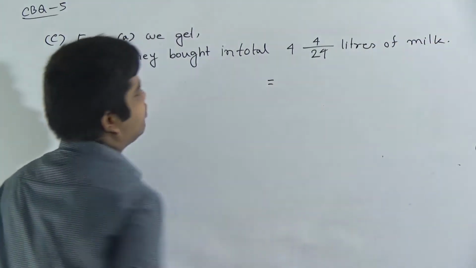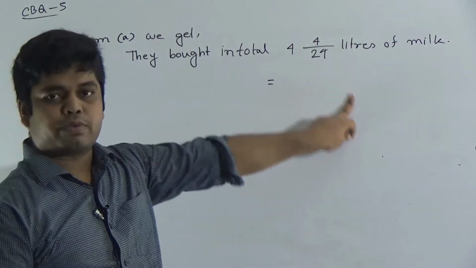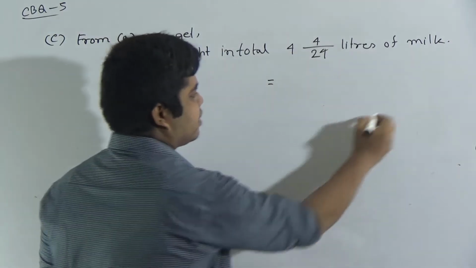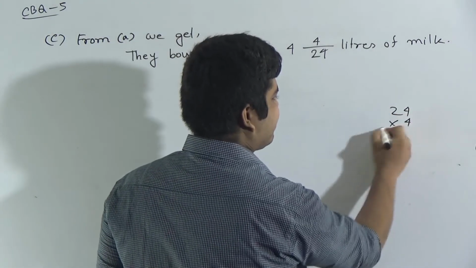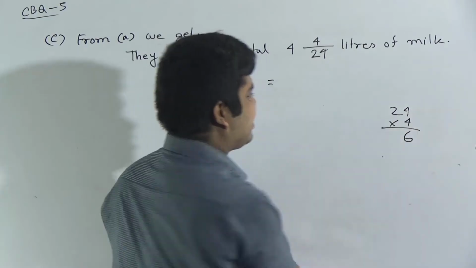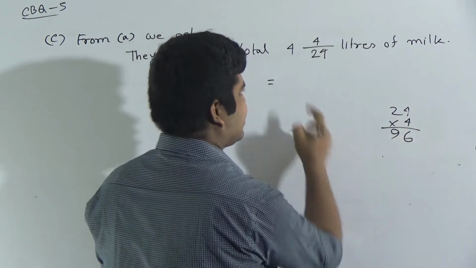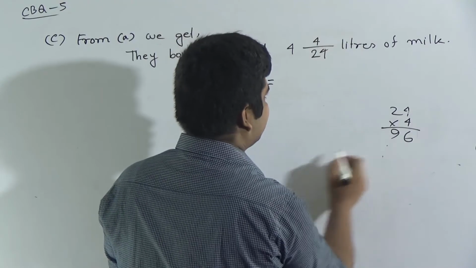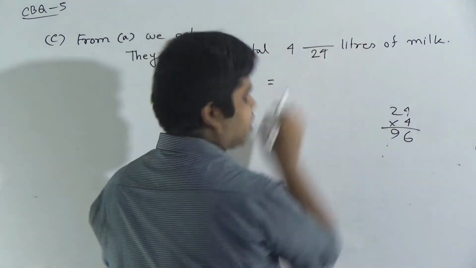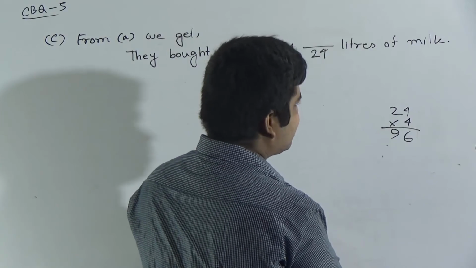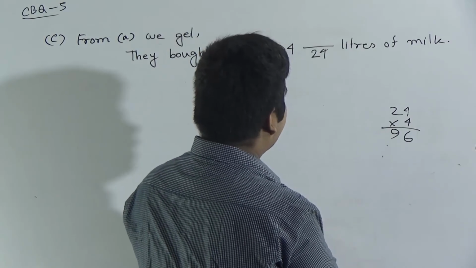Okay, I convert this mixed fraction into an improper fraction. So at first we multiply this 24 by 4. If we multiply 24 by 4, then we get 4 4s are 16, carrying 1. 4 2s are 8 and 1 is 9, 96, and then we add.